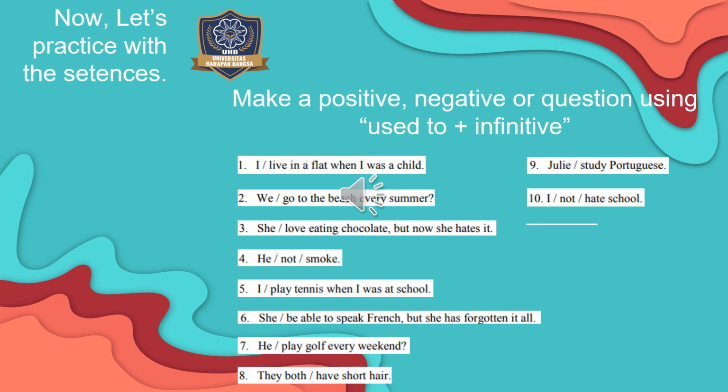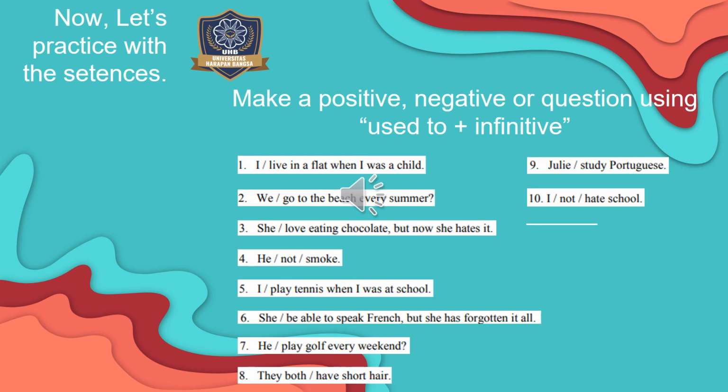Remember from the previous slide, if we want to make a question sentence, we start the sentence with did. So the corrected sentence is did we use to go to the beach every summer? Move on to number 3.